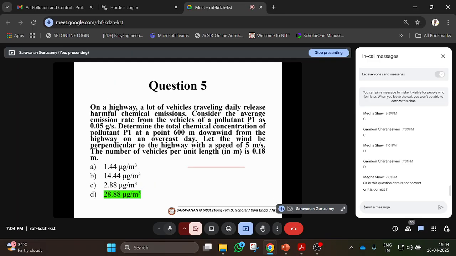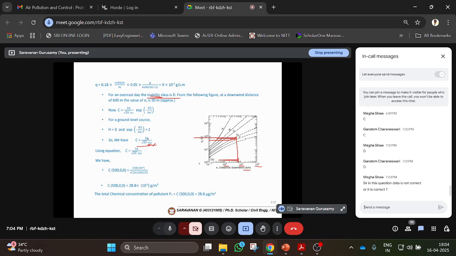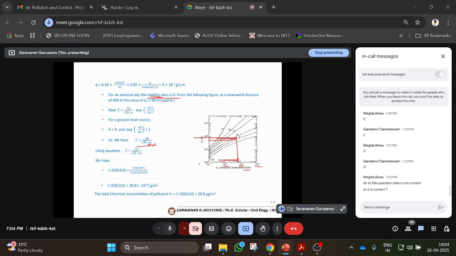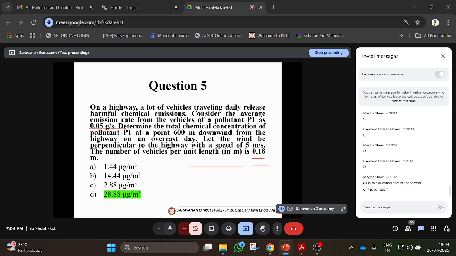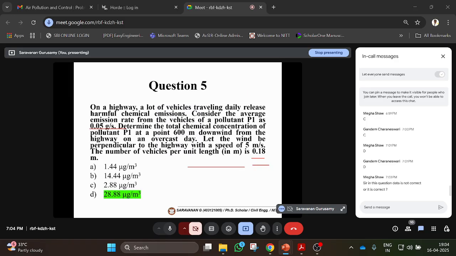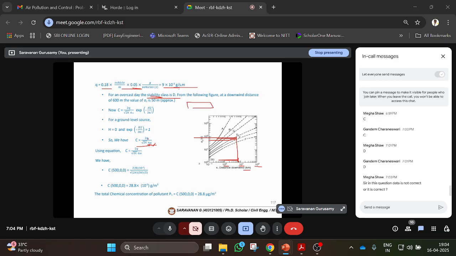Can I check the data once? 0.6 kilometer they have taken correct only here. 0.18 is the number of vehicles. So you have to find gram per second, but we have to put the Q in terms of gram per second meter because it's a line source. So we have to multiply with 0.18, that is also given, into 0.05, your pollutant emission rate. You will get 9 into 10 power minus 3. 2 is correct, 50 is correct, U is 5.